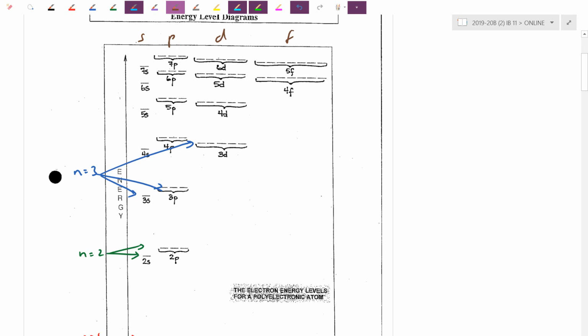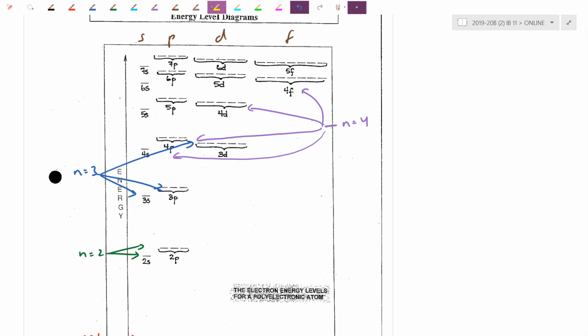Here's where it gets even more confusing. When we start going to n equals 4, shell number 4 is now farther away from the core. It's now even higher energy. Shell 4 does end up separating into 4s, 4p, 4d, and 4f. Okay, so each shell has been subdivided. But what you'll notice here, strangely enough, by the time shell number 4 is separated, the 4s ends up energetically lower.